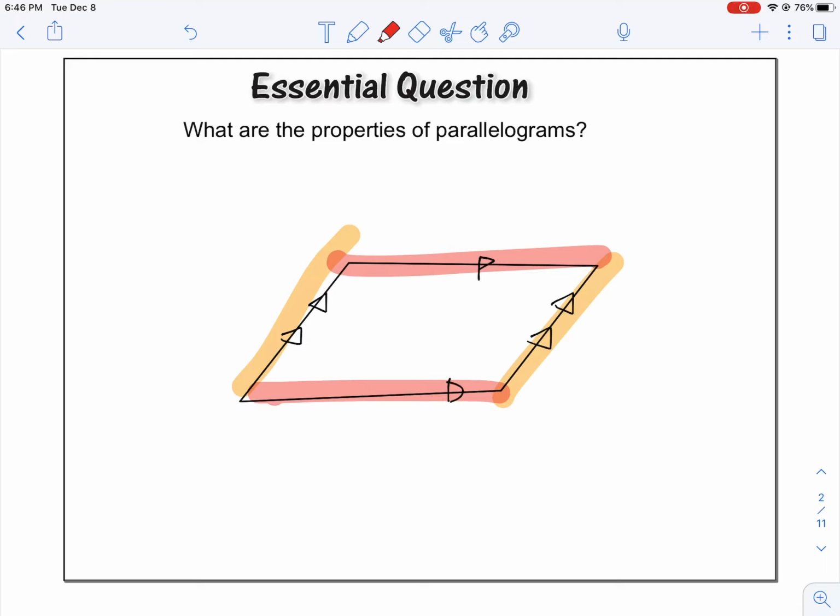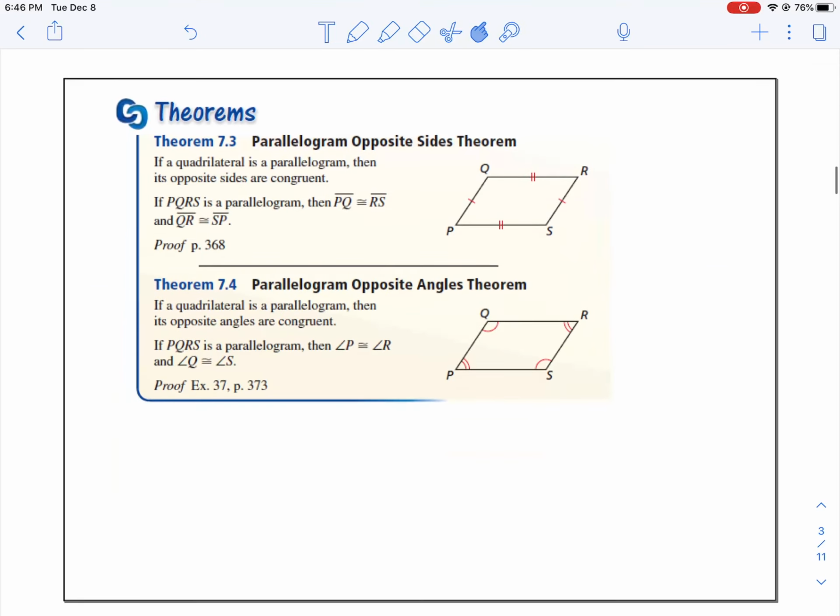So parallelograms have some properties that we need to know. The first one is that the opposite sides are congruent. So in this parallelogram, the opposite sides are congruent. And remember, opposite don't touch.